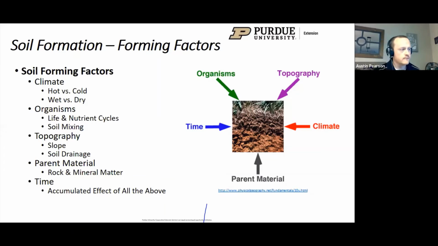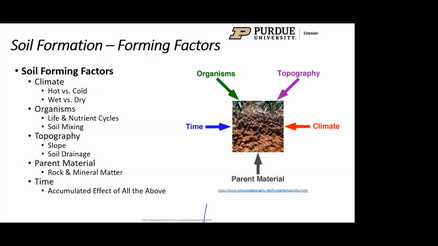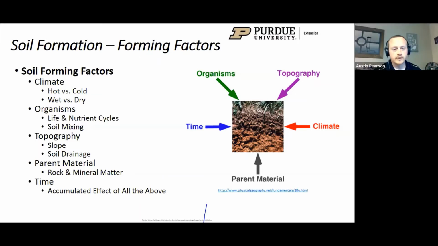Organisms also play a vital role in that. The organisms' life cycles themselves, they grow up and then they also die, and then they contribute to organic matter buildup in the soil. Also, nutrient cycles play a big deal in that, so knowing what type of nutrients become available for plant uptake.